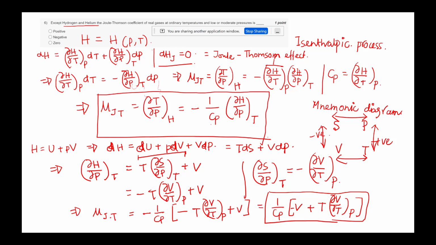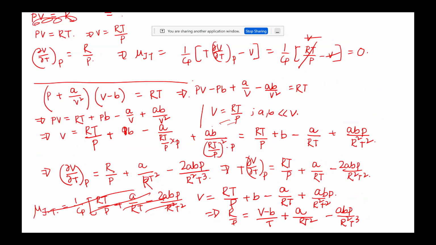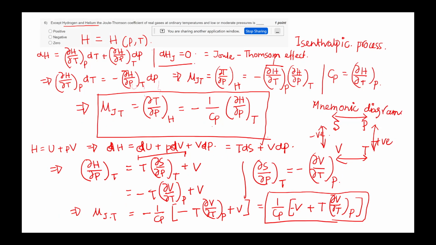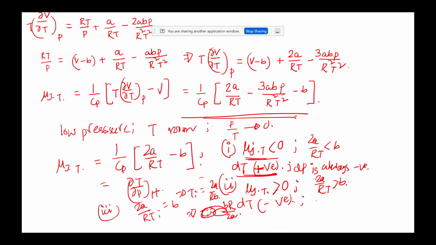Moderate pressure and ordinary temperature means 2A by RT is always greater than B, because B is a very small number, so this expression will always be greater than B, so this will always be positive.